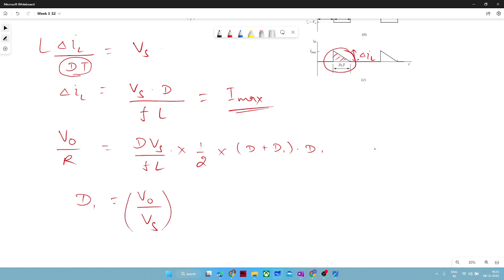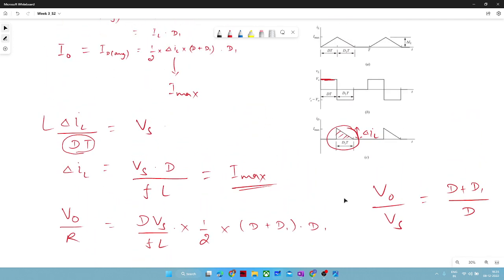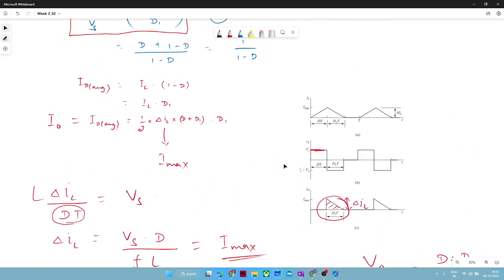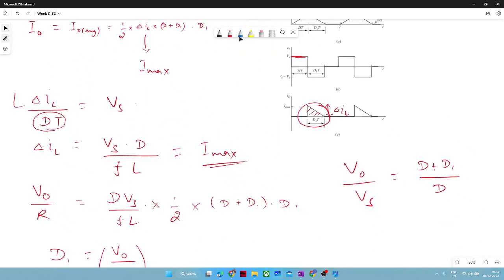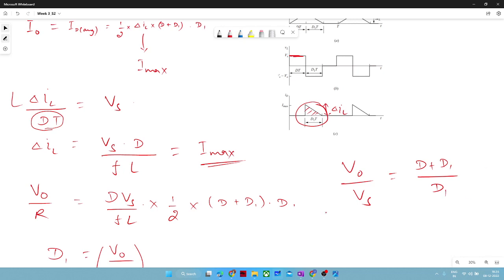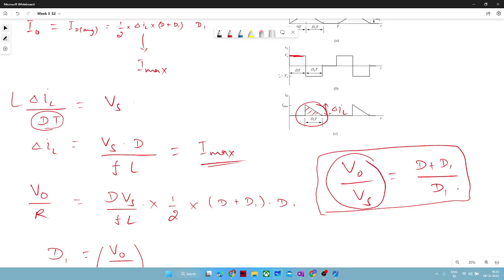If it is not there, and if you have calculated D1, you can anytime write V naught by Vs is equal to D plus D1 by D1. So anytime you know this, either you will be given V naught by Vs or you will be given D and D1. So you can easily simplify from that point.